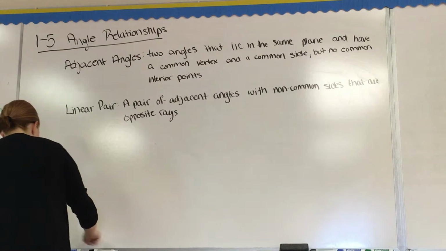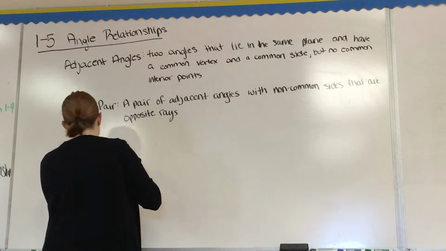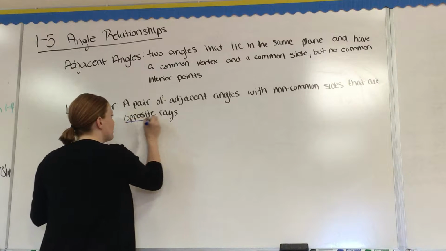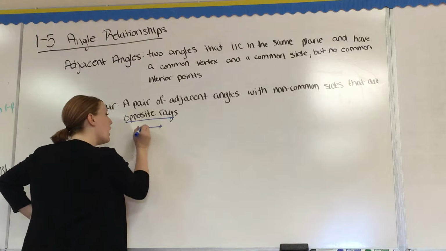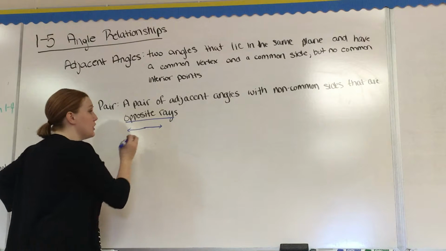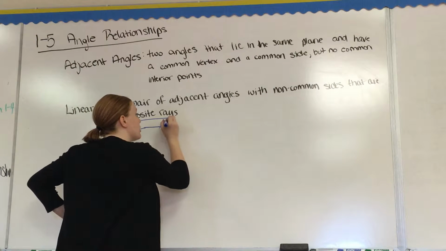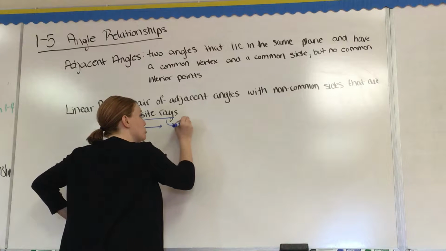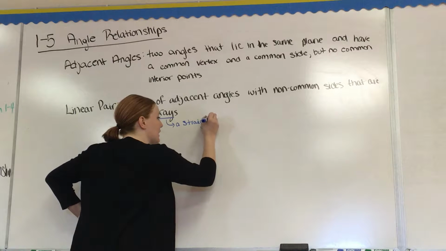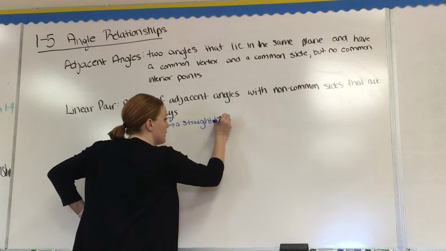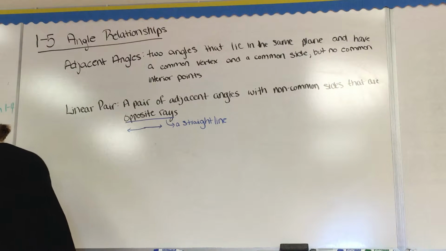I want to make a note here about opposite rays. Think about if I have one ray here and another ray going over here. These are opposite rays. So another term for this is a straight line. Hopefully that makes sense to you guys.